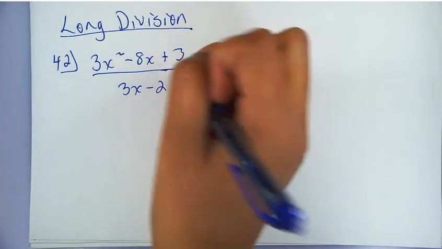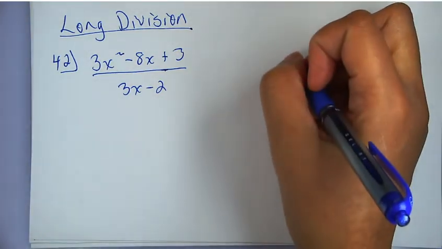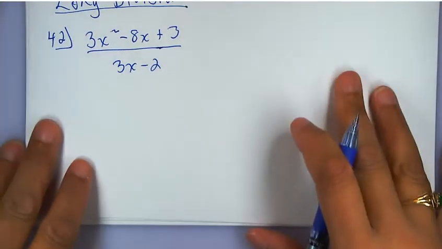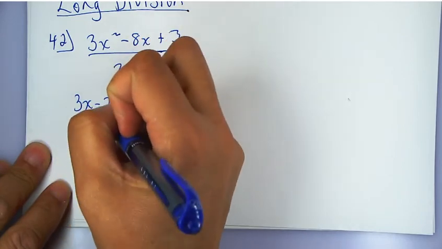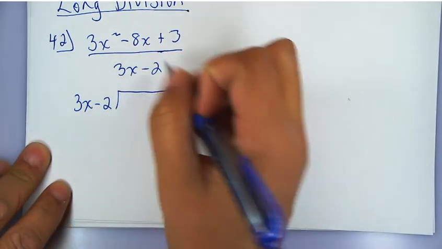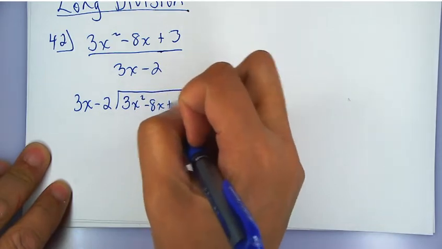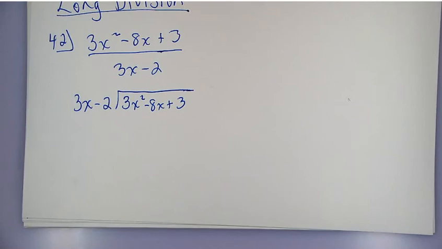So the first thing, before I get into that, we're going to set it up long division style. That is putting the 3x minus 2 on the outside, because it's my divisor, going into my dividend, which is 3x squared minus 8x plus 3.